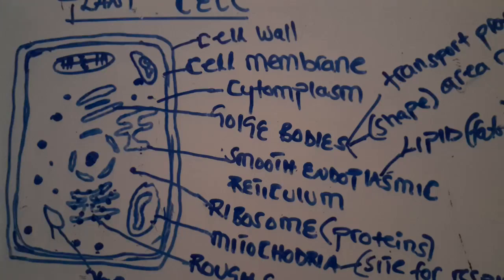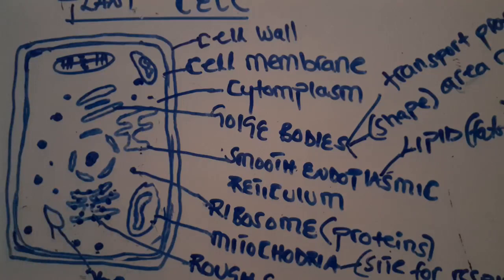And we have said that the function of the ribosomes is to produce proteins. And we know the function of proteins. Proteins are very useful in an animal cell as well as in the human body. They help to repair damaged tissues or cells. They also help in terms of what? Growth. So that is the function of proteins.